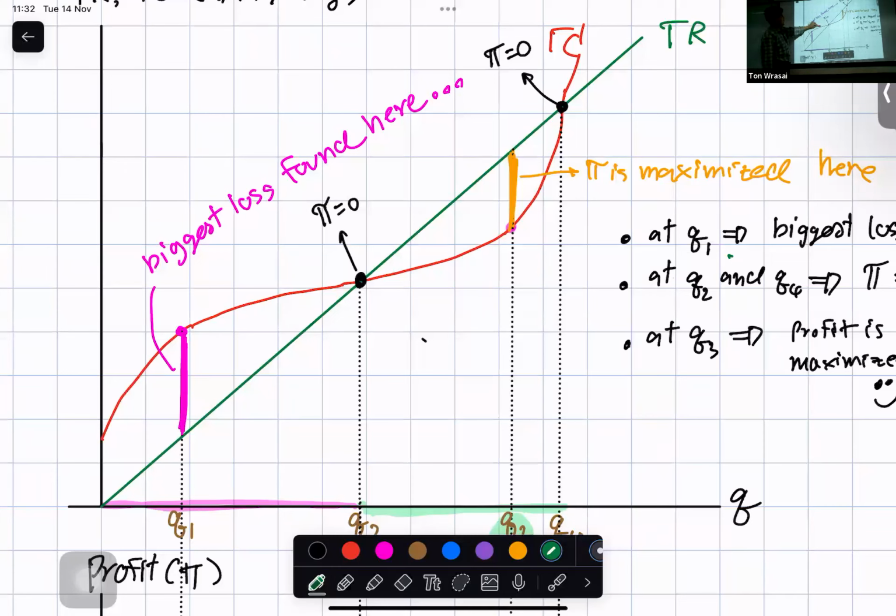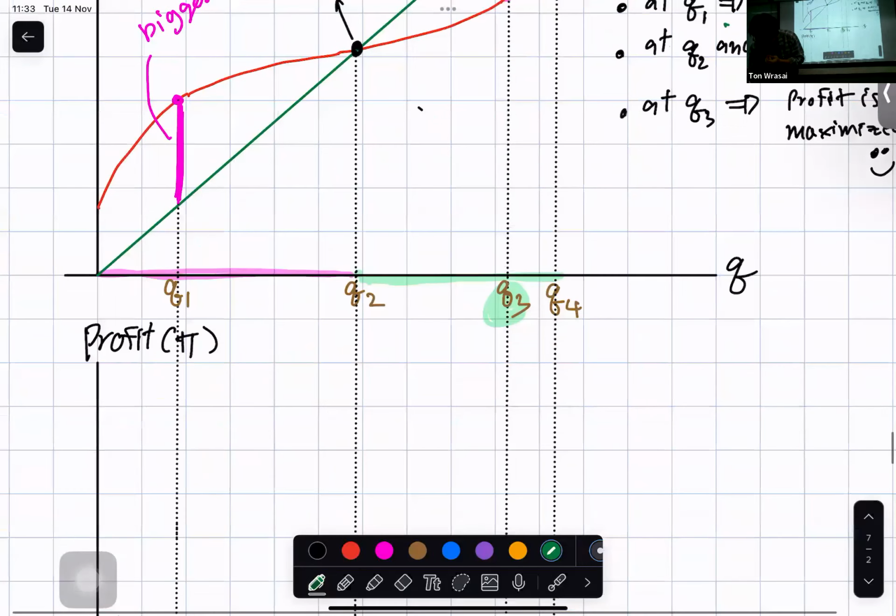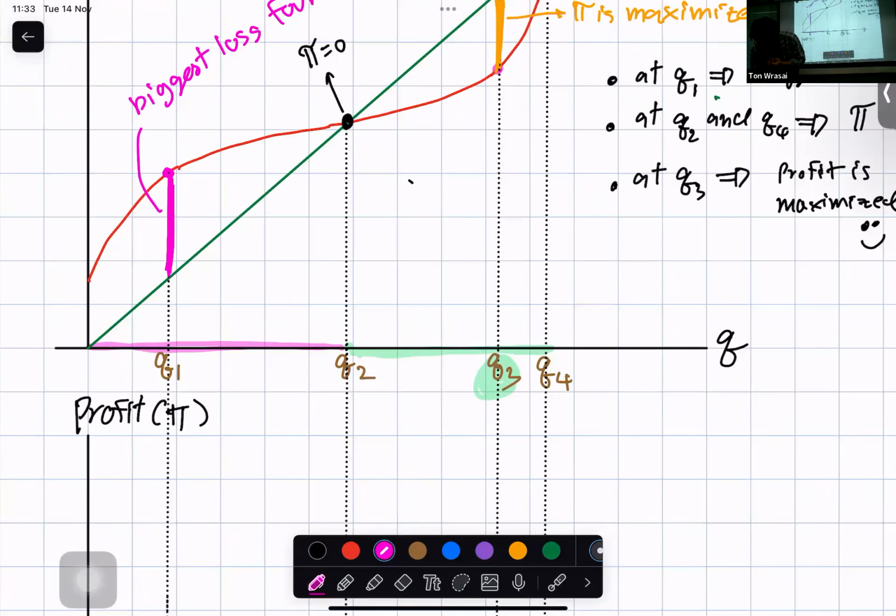Which spot is MC the lowest? You find the flattest slope on the red curve, and that is the place. Up to your picture, I will find mine. Maybe coincidentally it occurs somewhere here, and it needs not be the same as yours. But in my picture, maybe somewhere here. I just take this spot.